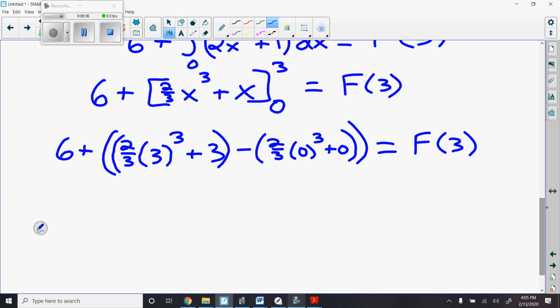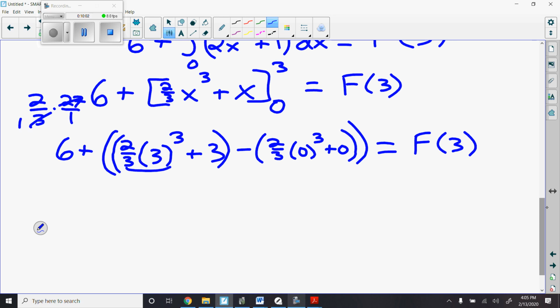I can see that that whole second term there, the evaluating at 0, is going to make 0. And now I just have to work out that 2/3 of 3 cubed plus 3. 3 cubed is 27. Again, how I evaluate this part quickly without a calculator is right in my head. I'm thinking about 2/3 times 27 over 1.